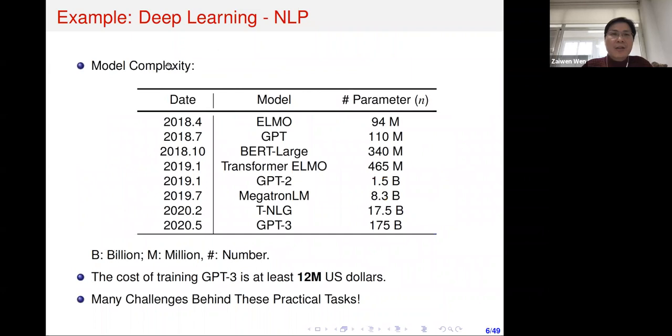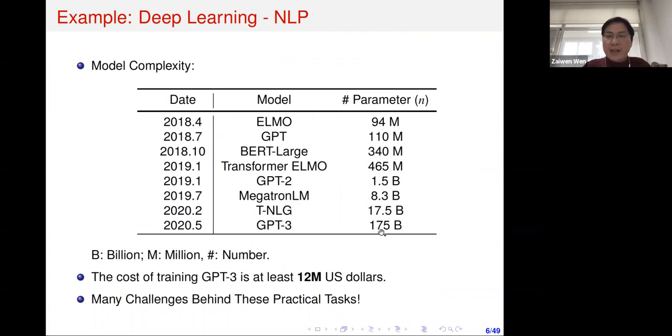Another thing is, for example, recently in natural language processing, the model complexity has increased very fast. Even a few years ago, the number of parameters was 94 million, which is larger than ResNet. But last year in May, we have the so-called GPT-3.